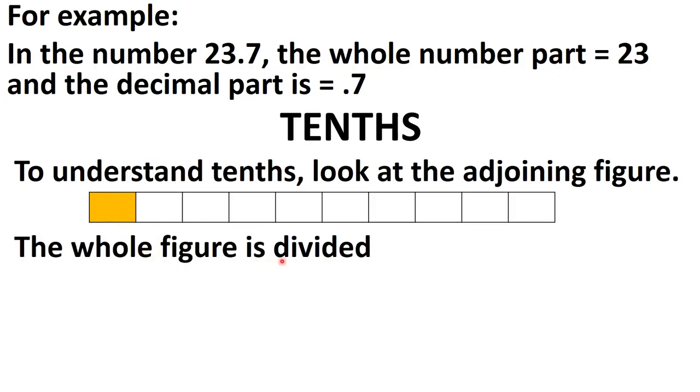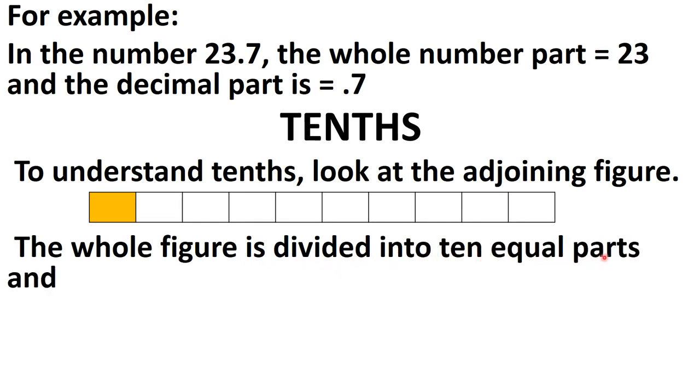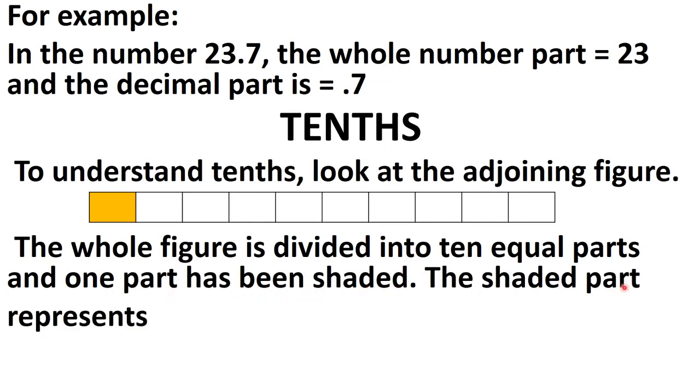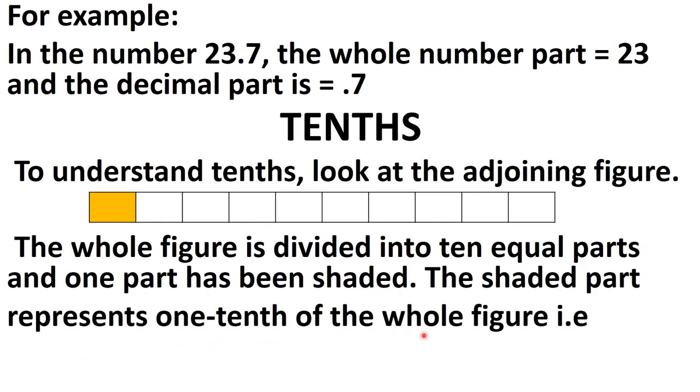The whole figure is divided into 10 equal parts and one part has been shaded. The shaded part represents 1/10 of the whole figure, that is 1 upon 10, or you can write it as 0.1. See, you have done this in fractional numbers also.